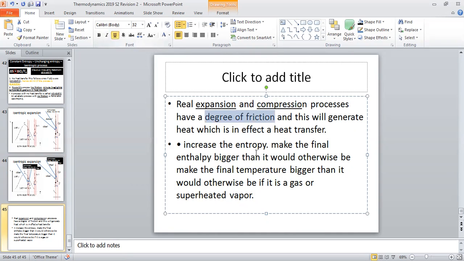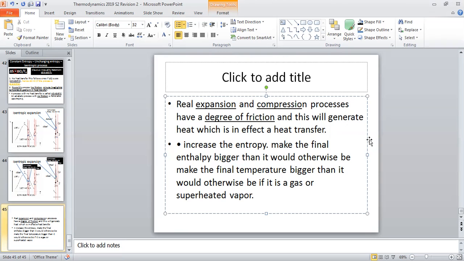Generally there is friction because this process is related to machines made of material. And this will generate heat, which causes heat transfer.